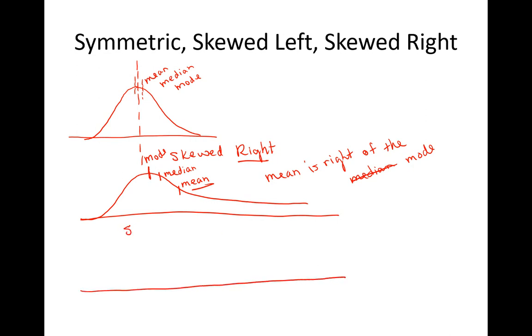If something's skewed left, it means that we may have a lot of values down here before we reach a peak up here somewhere. Again, this looks like my mode.